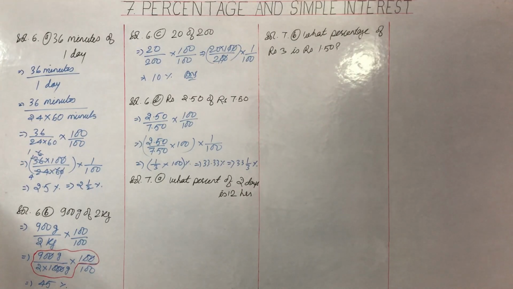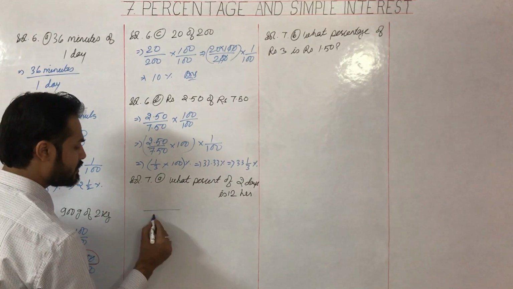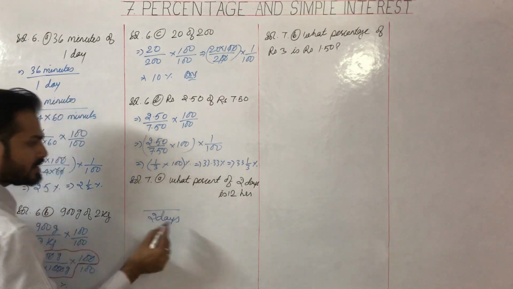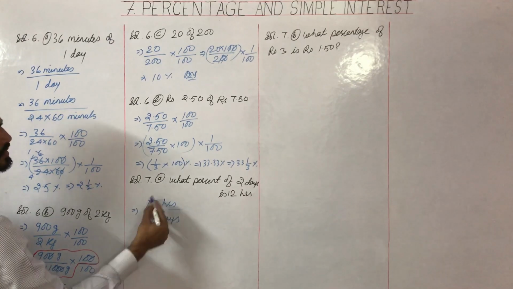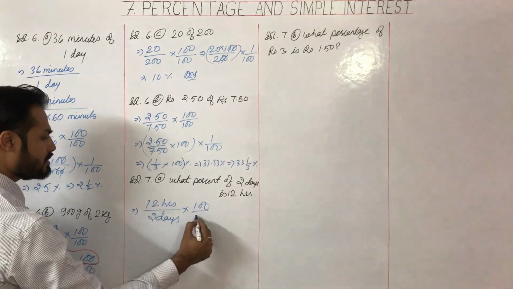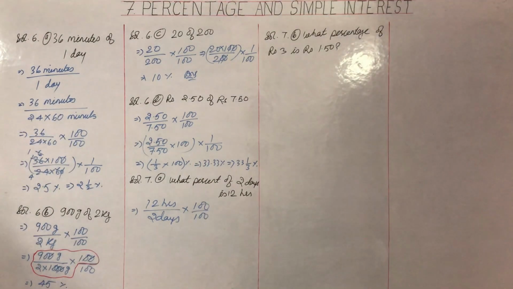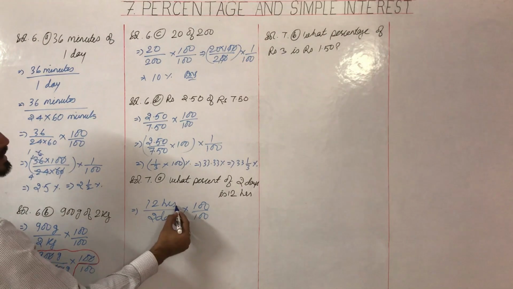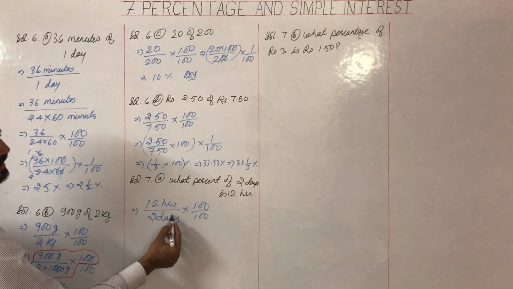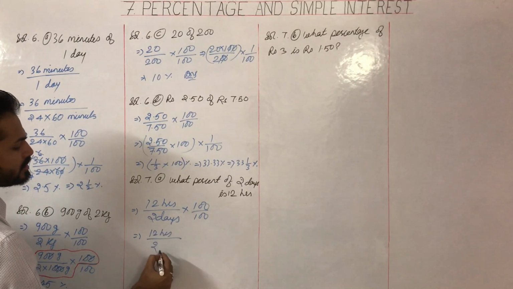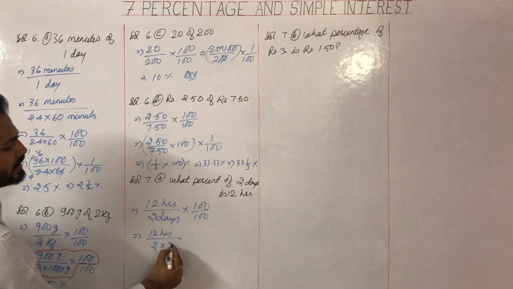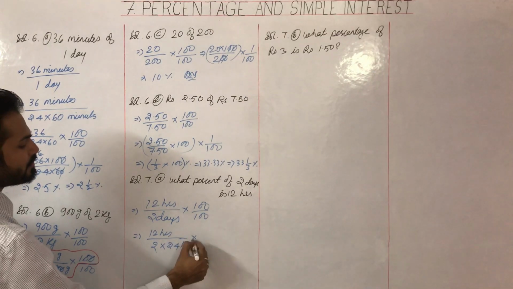Next, question number 7. First part, what percent of 2 days is 12 hours? So this is the ratio, or this is the fraction: 12 hours by 2 days. Again, multiply by 100 and 100. In the numerator we have hours and the denominator is in days. So 12 hours, and change 2 days: in 1 day there are 24 hours.